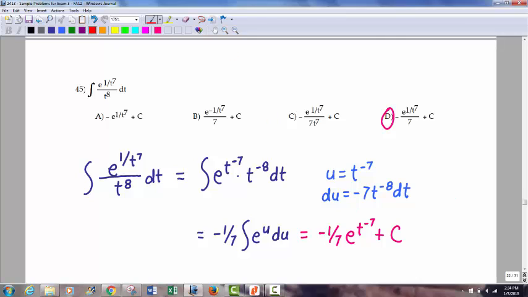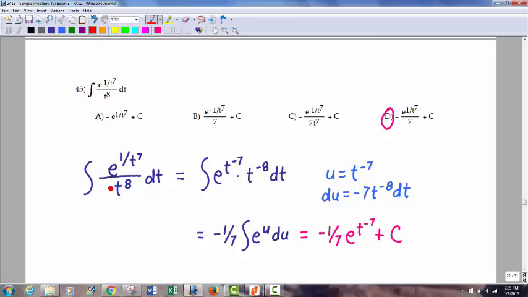Now this one looks a little weird. I've had this kind of problem on exams, and it's in my notes too. I also have one with a radical, I believe. It's kind of strange looking how that's going to fit the e to the u du form, and I agree. But to make it a little less strange, what you want to do is rewrite 1 over t to the 7th as t to the negative 7.